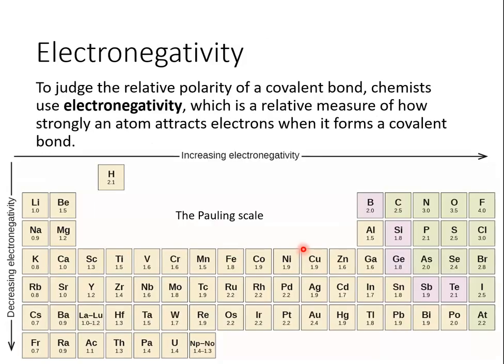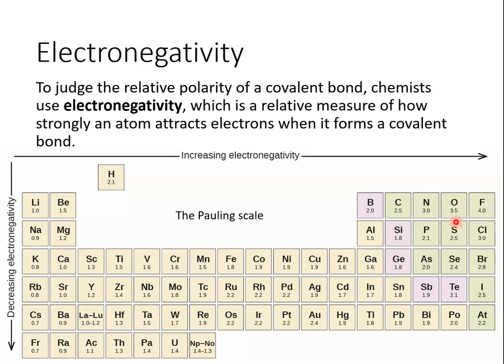So the way we know if a bond will be polar or nonpolar is to look at the electronegativity, which is a relative measure of how strongly atoms attract electrons to themselves in bonds. Fluorine, if it is bound to any of these elements, is going to attract electrons more strongly because its electronegativity is a 4 on the Pauling scale.